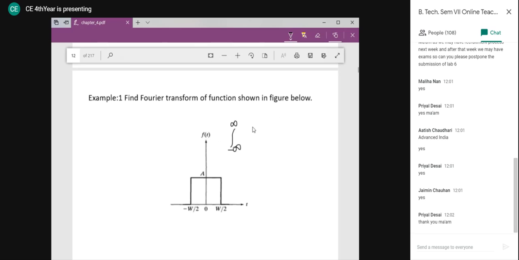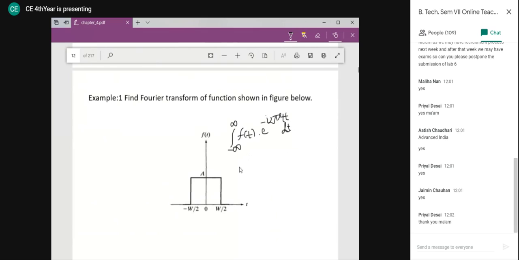If I want to find the Fourier transform of f of t, I should write f of t here, and I should have the exponential term, f of t into e raised to minus j 2 pi mu t. And what is the variable here? The variable is dt. This is my Fourier transform definition.